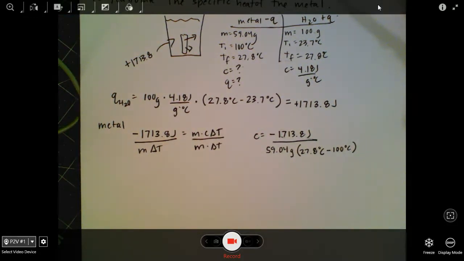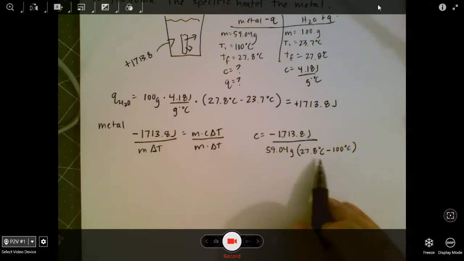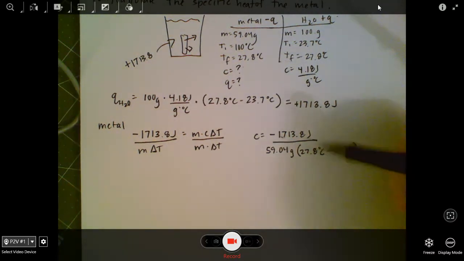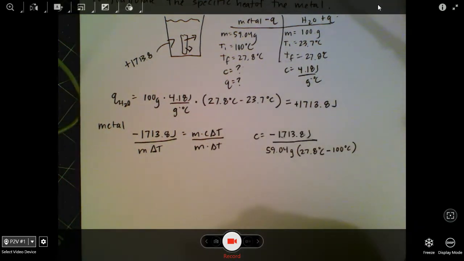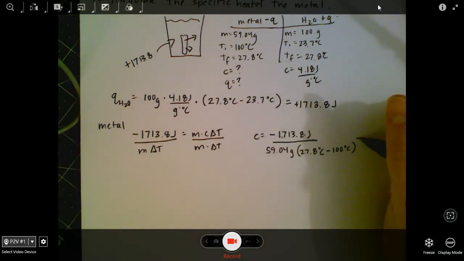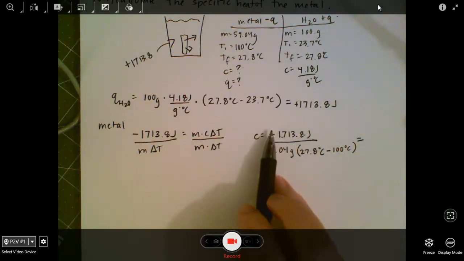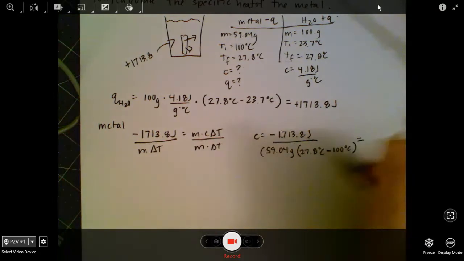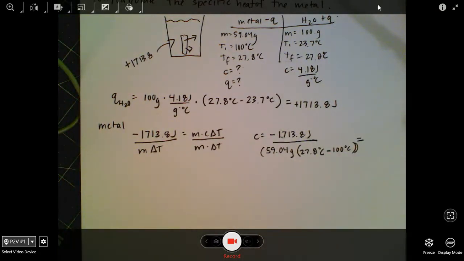Now this, because I'm taking 27.8 and subtracting 100, is going to give me a negative number. And that's important because now I'm going to have my negative cancel out a negative and everything's going to be right in the world. Be careful, like I said, when you put this into your calculator, make sure that this is realistically in parentheses here so that I can get order of operations correct.